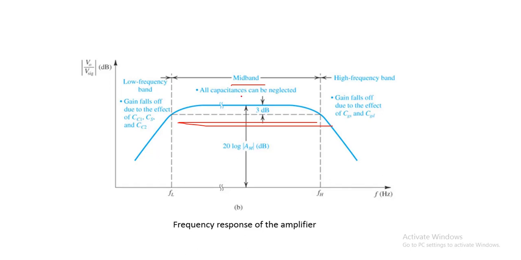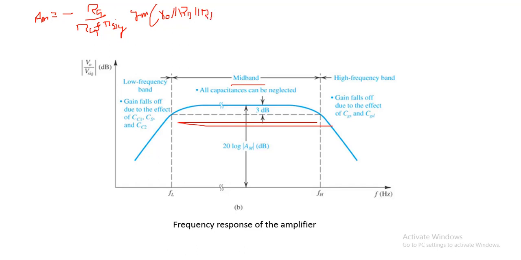We have already derived the equation of the gain AM in the previous parts. AM is minus RG divided by RG plus R signal, into gm into ro parallel with RD parallel with RL.